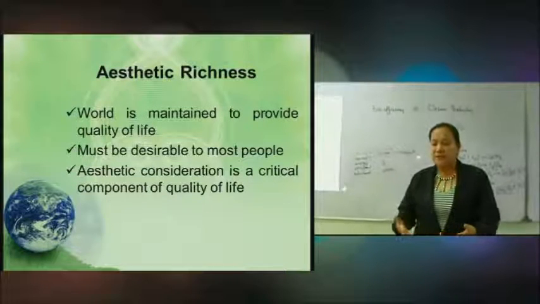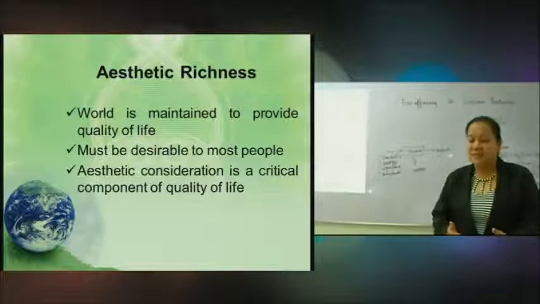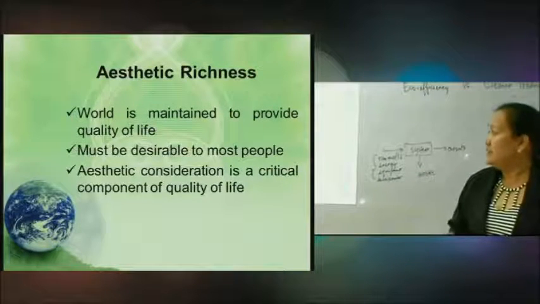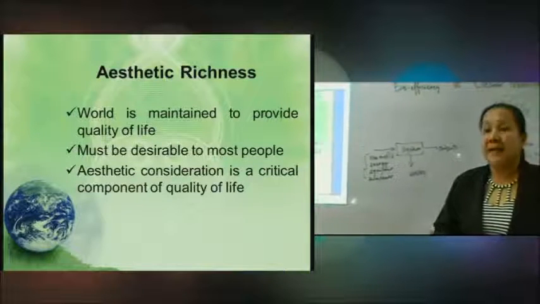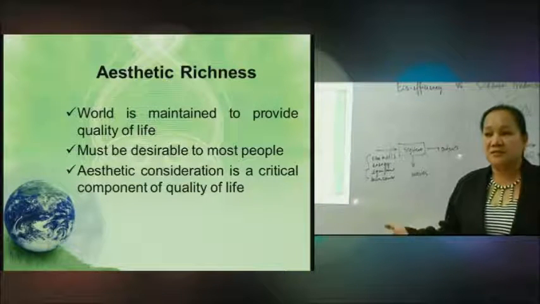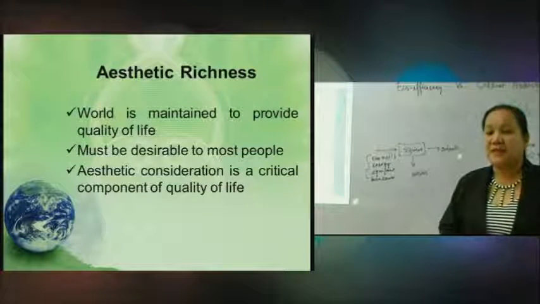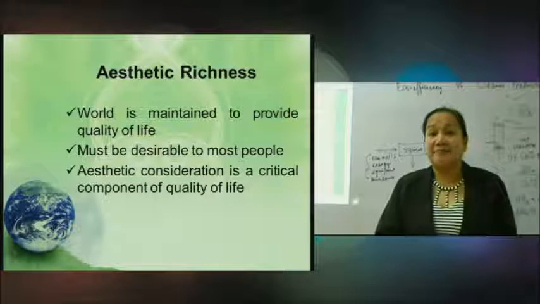Everyone would love to have aesthetic. This is actually what we need in order to provide a quality of life. So, a plant which is topsy-turvy and then with chaos would not be sustainable. Why do you think so? Number one, it would lessen time.